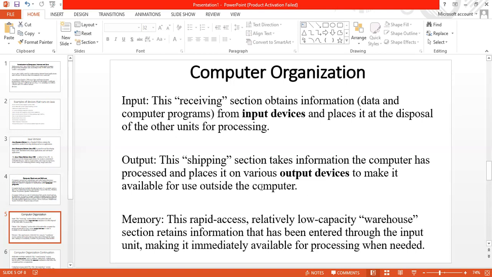An example is I am using PowerPoint, and I save it using Control S. After saving this information, I can decide maybe another time to go ahead and extract the information that the memory has retained for me, and to process it or to use it.